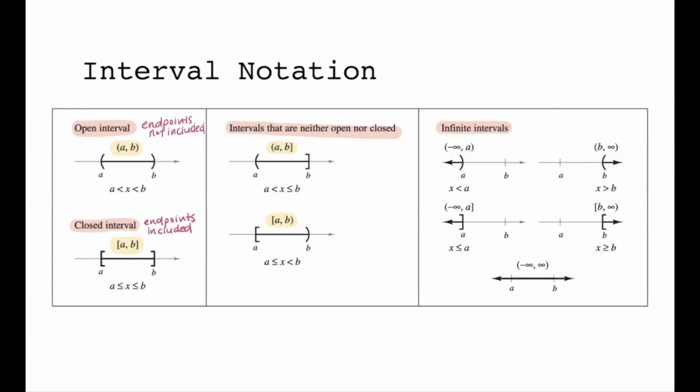Since there's no ending or starting point on the left or smallest number, the way that we notate that is we're going to put a negative infinity as our lower point here, and then to a and not including a. So we have an open parenthesis. If we have the same type of behavior, but here we can have numbers equal to a in our interval, then we do the same thing, but here we just are going to close off that endpoint and make that a bracket instead of a parenthesis.